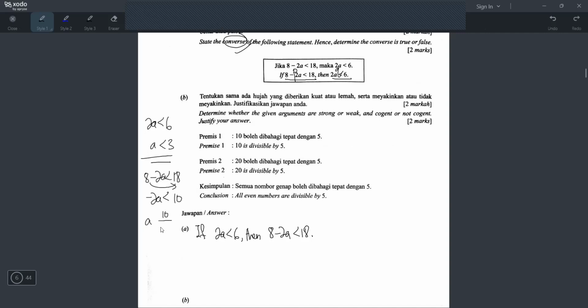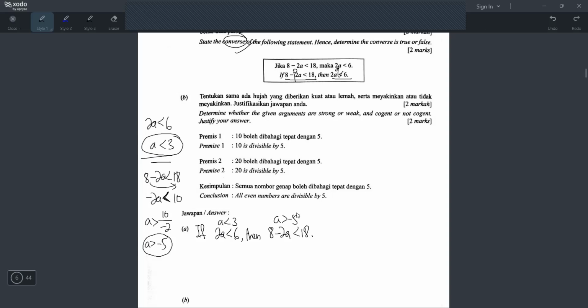And then a will be 10 divided by negative 2, which is negative 5. But since you are dividing by a negative value, you have to change the sign from smaller to bigger, right? So you end up with a bigger than negative 5 as your solution. And this is the solution for the second one. So if a is lesser than 3, then a is bigger than negative 5.